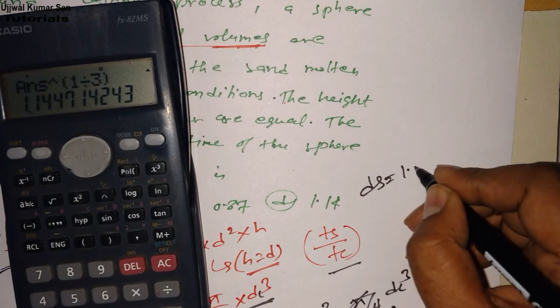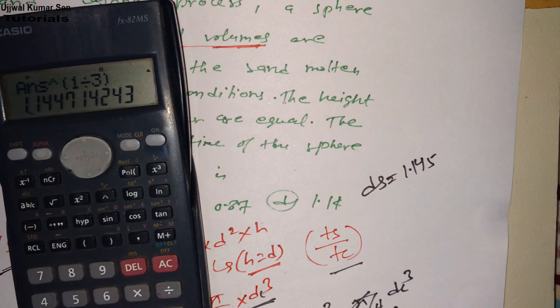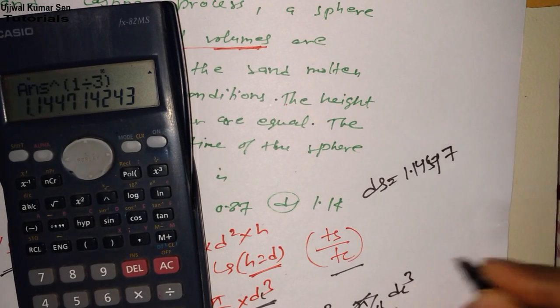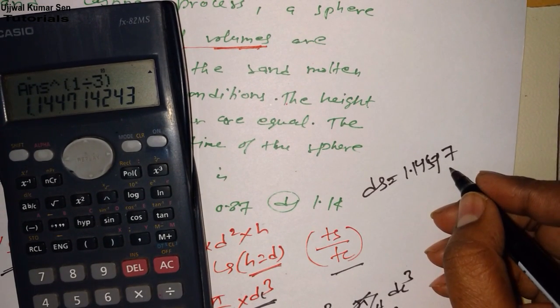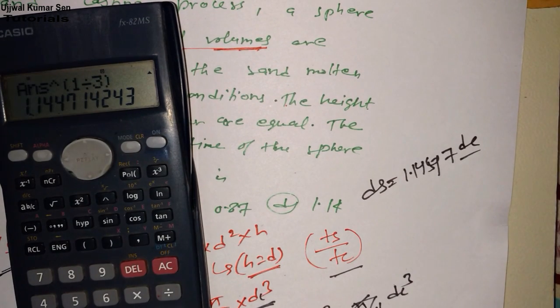So 1.145, okay, or 1.1447, because we have to take up to 4 decimal values. That's why we can get a very good right answer, right? So ds equals 1.1447 dc. We got the relation between diameter of the sphere and diameter of the cylinder.